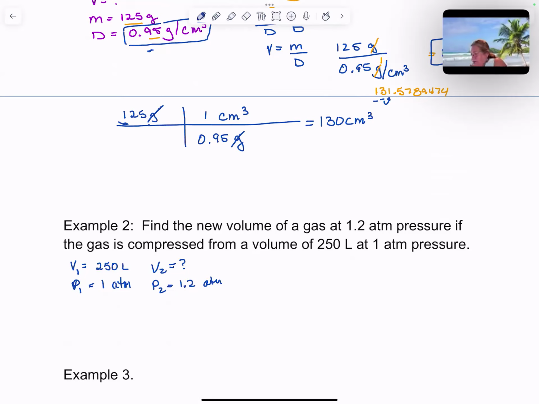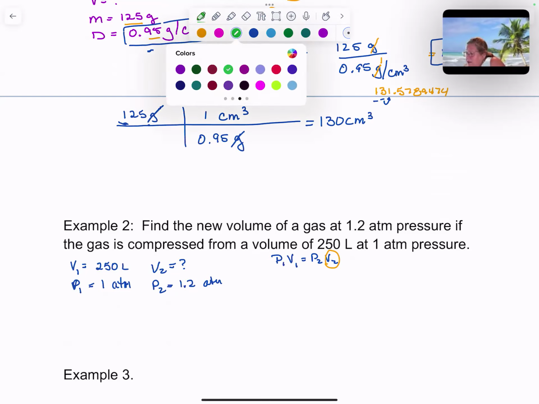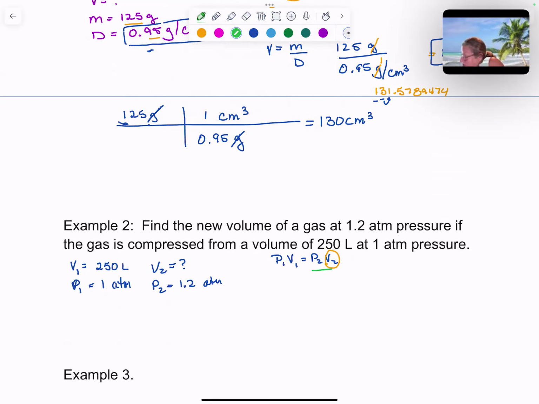I look at my equation. P1 V1 equals P2 V2. I want to get V2 by itself. I want to find that final volume. So I'm going to need to divide both sides of my equation by P2.